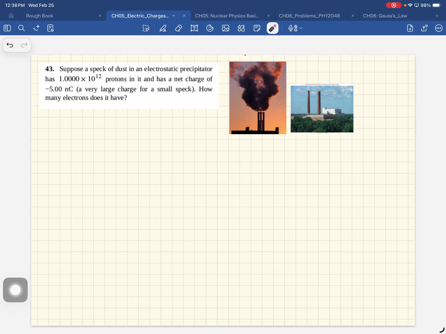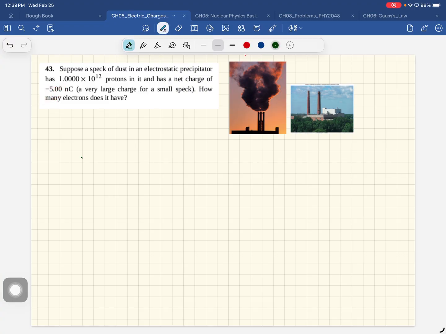How many electrons does this have? So it has a net charge of that. If it has that many protons, it has to have that many electrons to be a neutral particle. And then on top of that, it has enough electrons for that much charge. So let's calculate this.